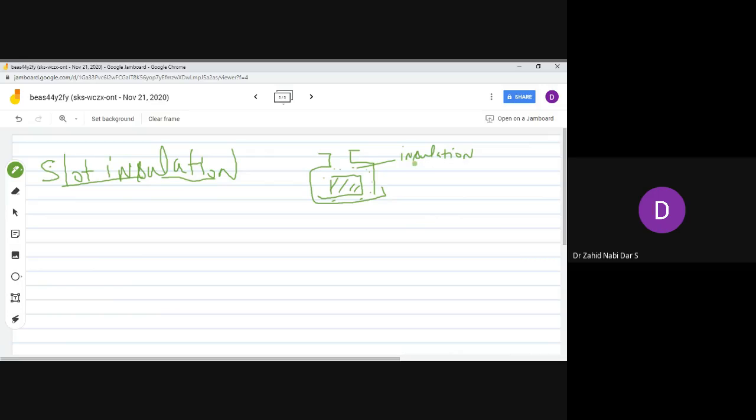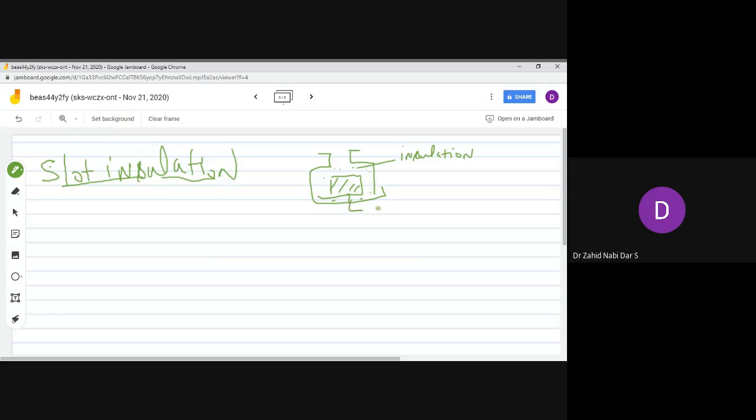In the case of a squirrel cage rotor, the insulation is provided at the top and bottom of the slot. A small clearance of 0.15 to 0.4 mm is provided. You can see over here, this is the insulation, and there is a small clearance over here.